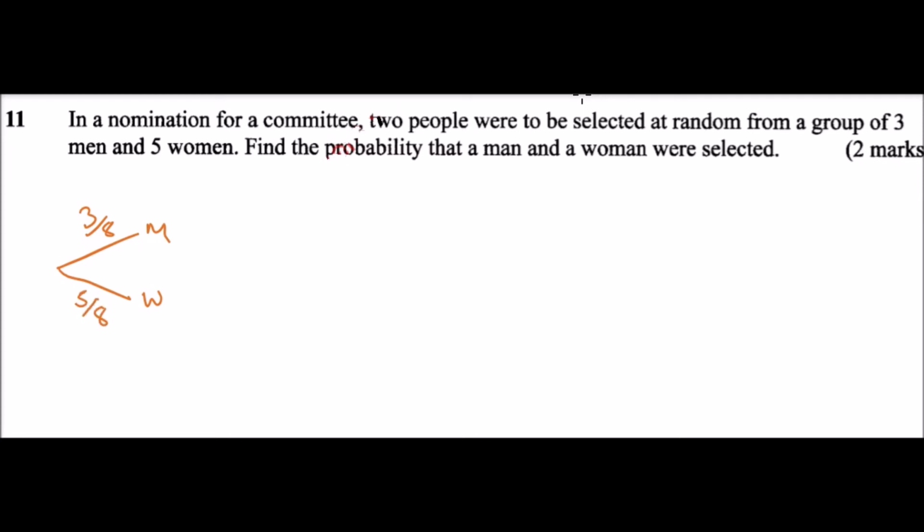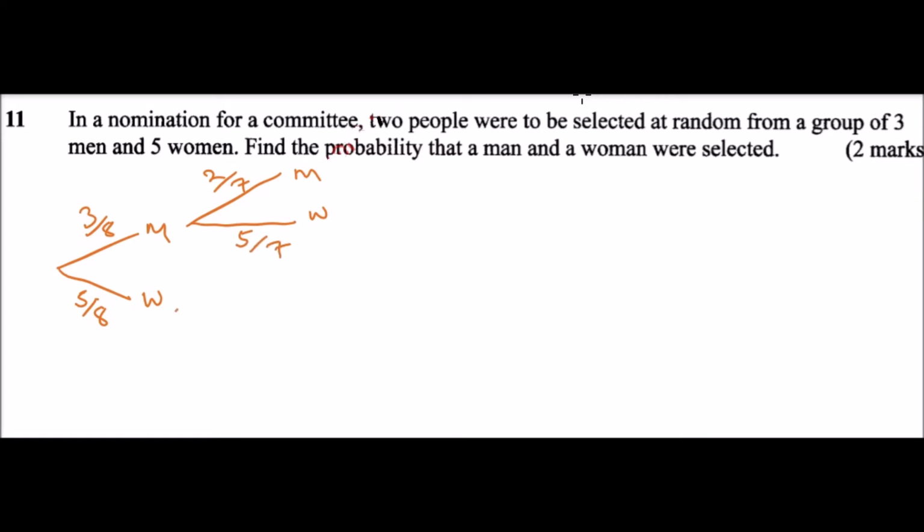Then for the second selection, you can select a man or a woman. Since you have selected a man first, 2 men will be left out of 7. You have not picked any woman, so they remain 5/7.